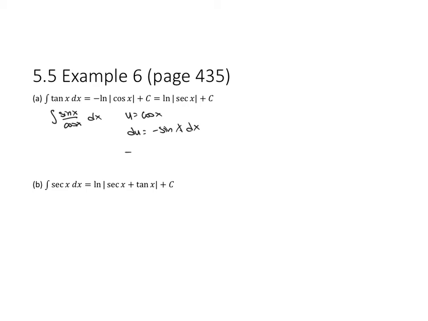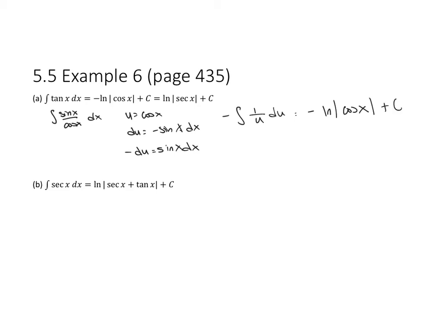So again, I need to move that negative over. So now I can rewrite my integral as the negative integral of 1 over u du. And then that's negative natural log cosine of x plus c.